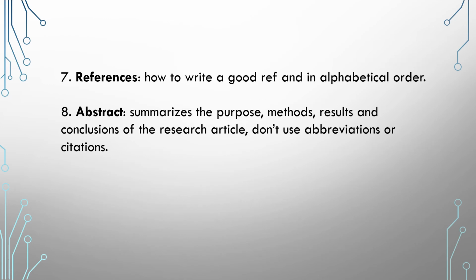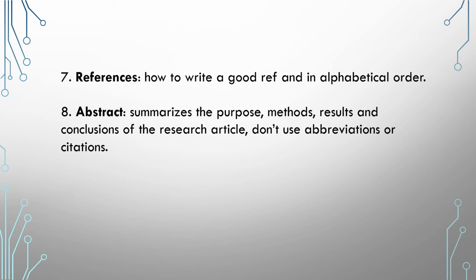And then the next element is the research article, is the references. It tells us what is it? Yes, some books, journals, or other sources that are used to write the research article. It is important for the researcher to write a good reference and in alphabetical order.